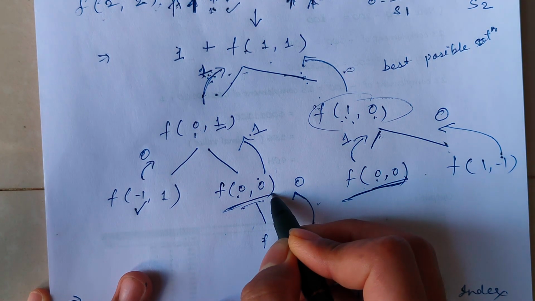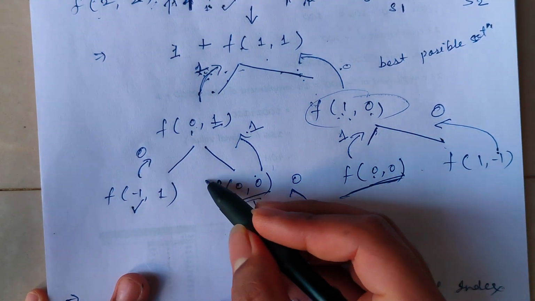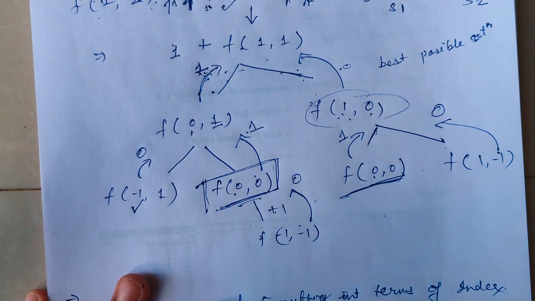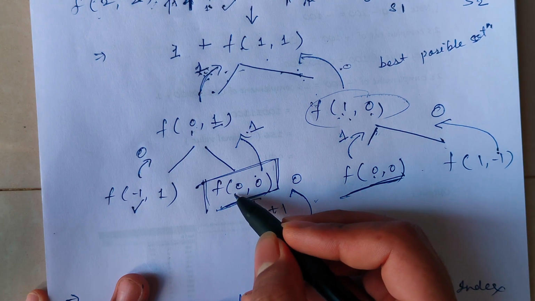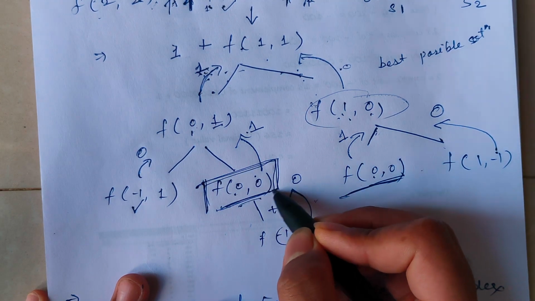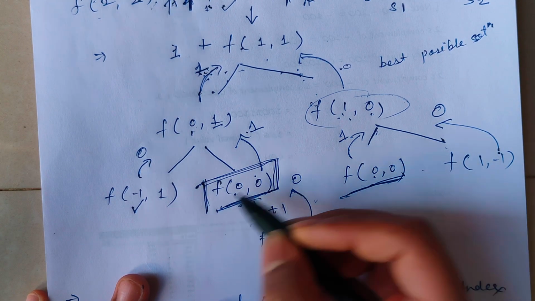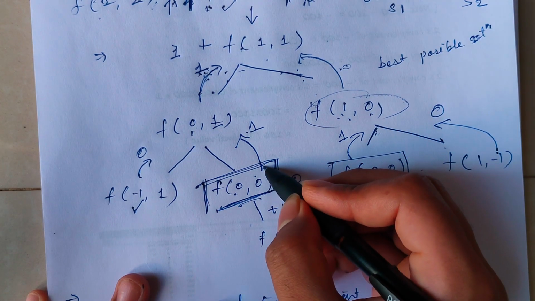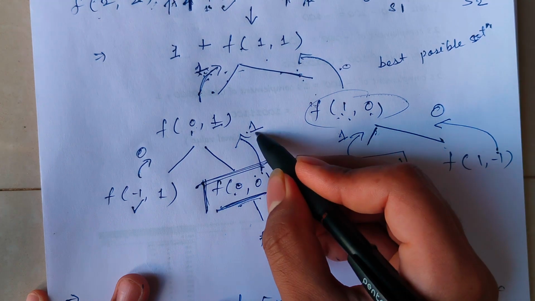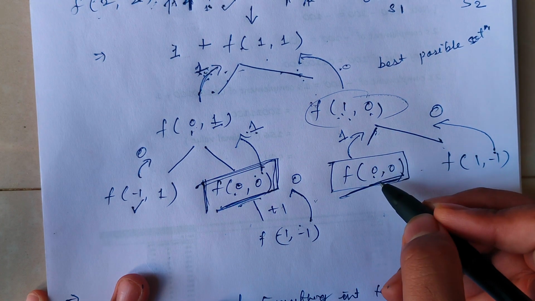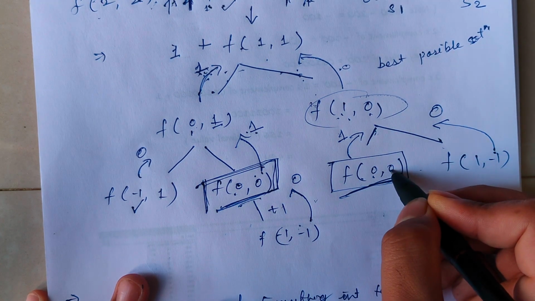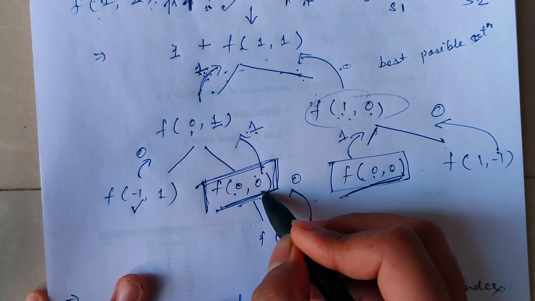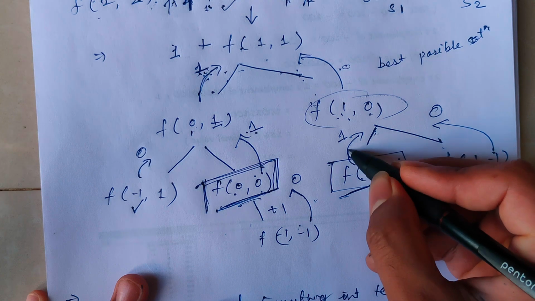So we can memoize the value of the previous calculation. If we have calculated f of 0 0 previously, we would not calculate it again. Here f of 0 0 returned 1. So whenever we encounter f of 0 0 again, we will see that we have calculated it previously, so it would directly return 1.